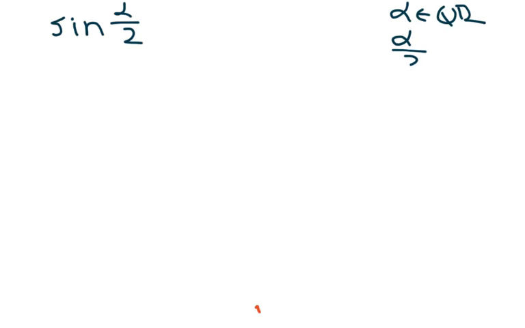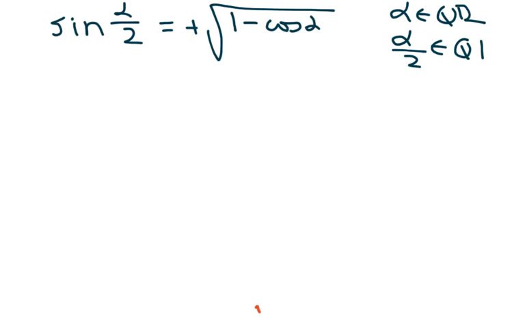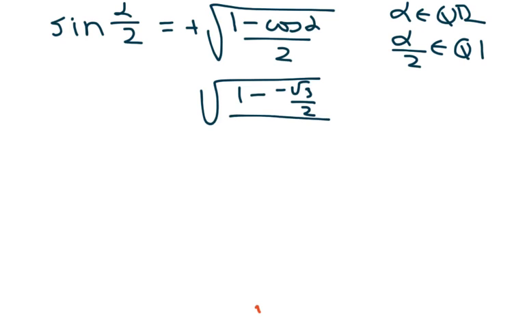Now we have to do the half angles. The first half angle we're going to do is sine of alpha over 2. Since alpha belongs to quadrant 2, alpha over 2 belongs to quadrant 1. We discussed this in class. That means we're going to use the positive portion of our formula, which is the square root of 1 minus cosine of alpha over 2. So we get 1 minus cosine of alpha, which is -√3 over 2, divided by 2.